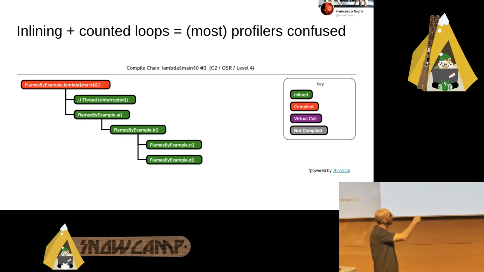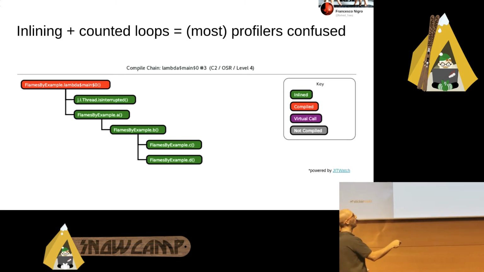We have A that is calling B, that is calling C and D. In green, we have the methods that are being inlined. So, C, D disappeared, B disappeared, A disappeared. All these methods completely disappeared into this one.